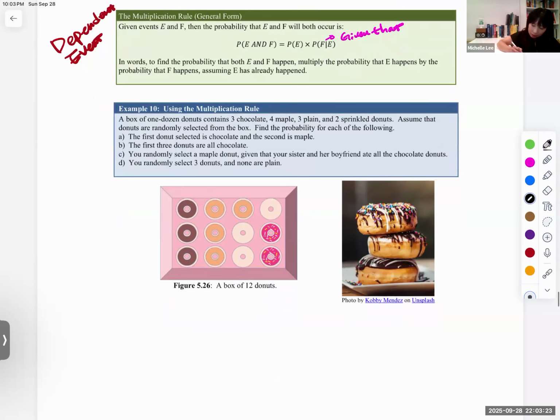So let's do this one, the first one. We have 3 chocolate, 4 maple, 3 plain, 2 sprinkled donuts. Okay? So how many total? 12. Okay, total 12. Good. All right. So the first donut selected is chocolate. What's the probability of first chocolate and second maple?